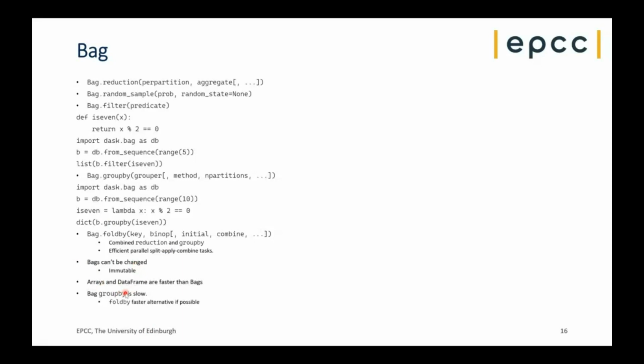Arrays and data frames are faster, more performant than bags. So generally stay with the data frames and arrays unless your data really isn't amenable to go into one of those two formats. And the group by can be slow, and so there are ways to get around this. Fold by can be used instead of group by sometimes, and that can be useful.